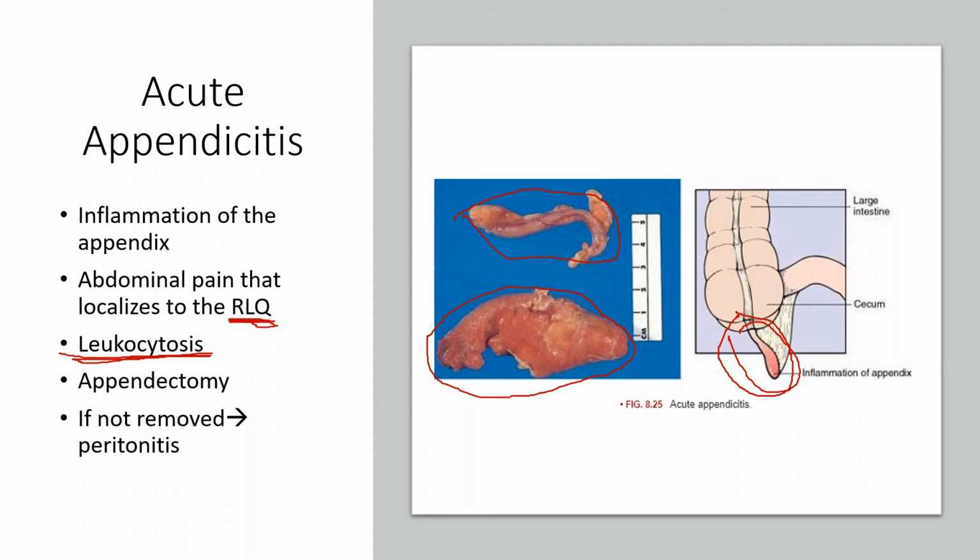This condition is easily resolved through the process of appendectomy, or the removal of the appendix. The appendix has to be removed if it is inflamed and undergoing this massive dilation, because if it's not removed, it can develop into peritonitis, inflammation of the peritoneum, which can lead to a life-threatening event.